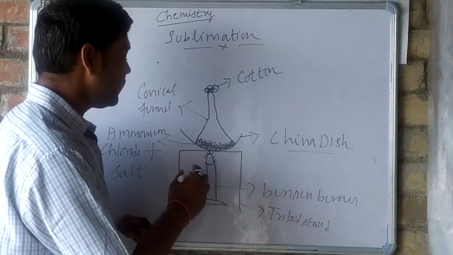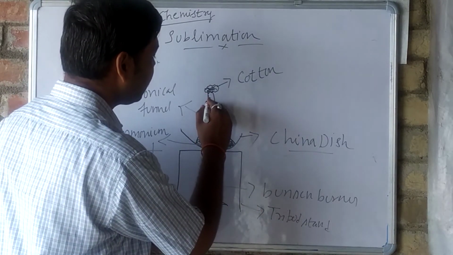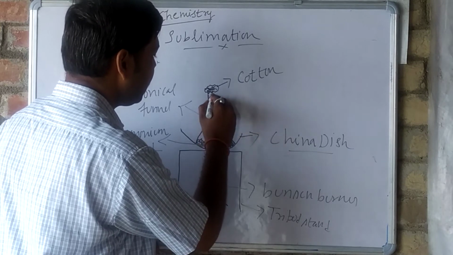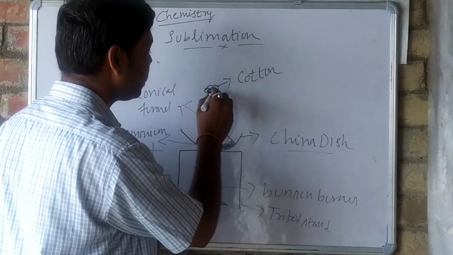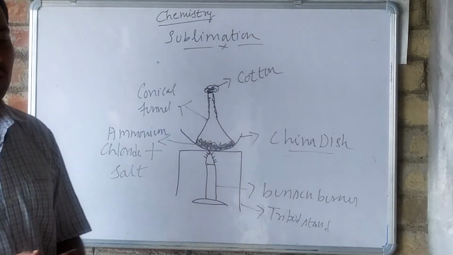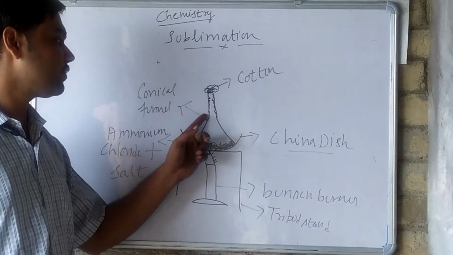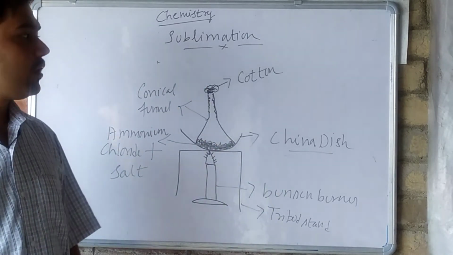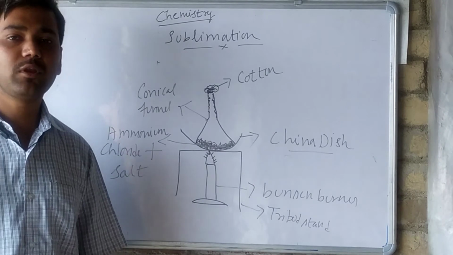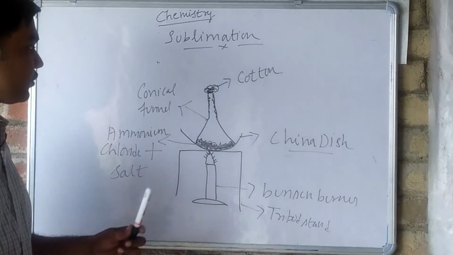Some amount of ammonium chloride will stick to the boundary of the funnel and also on the cotton. Why? Because of the sublimation. So this is the whole process of sublimation.